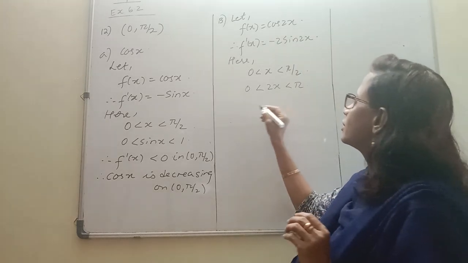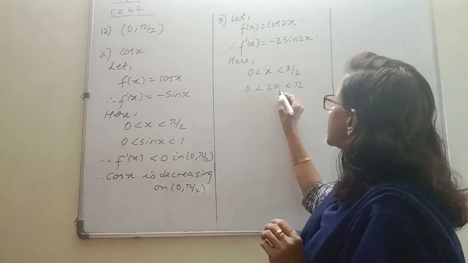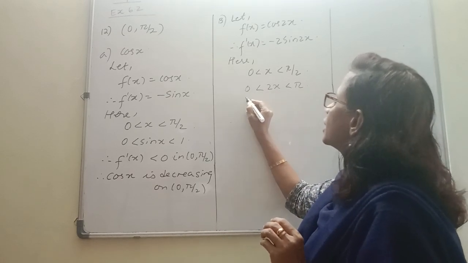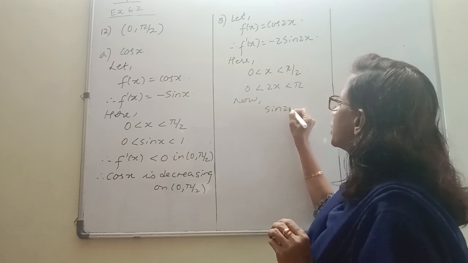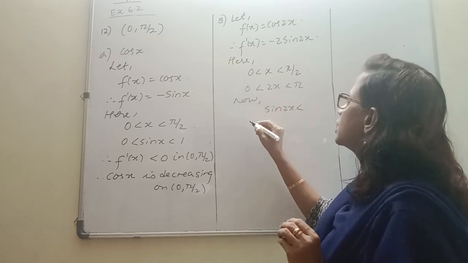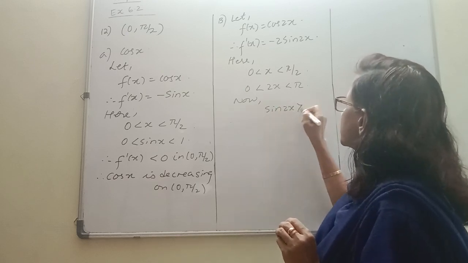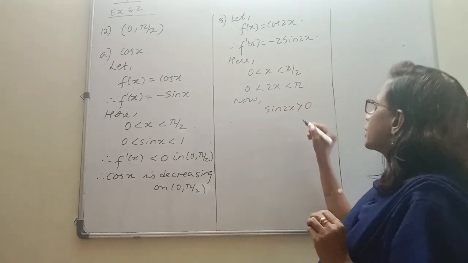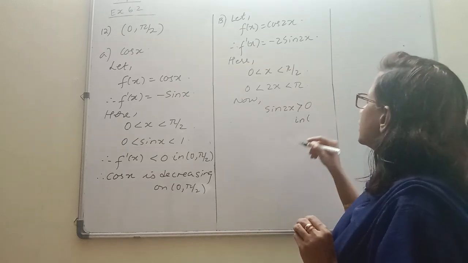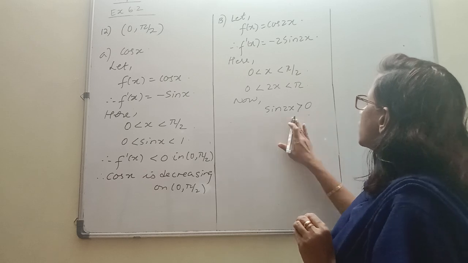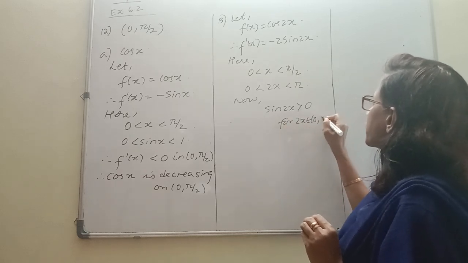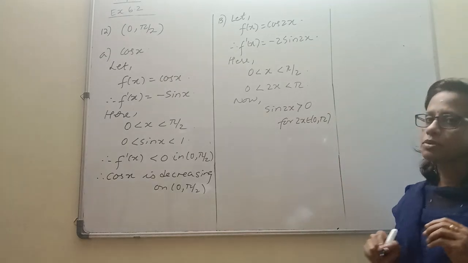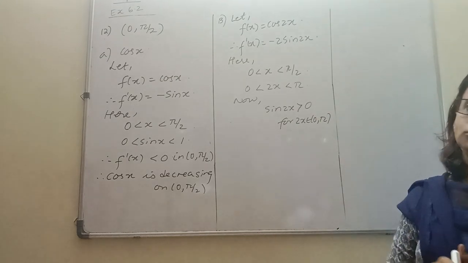So 0 is less than 2x which is less than pi. Now sin 2x, if we are looking in this interval, is a positive value. If 2x is between 0 to pi, then sin 2x is always positive.